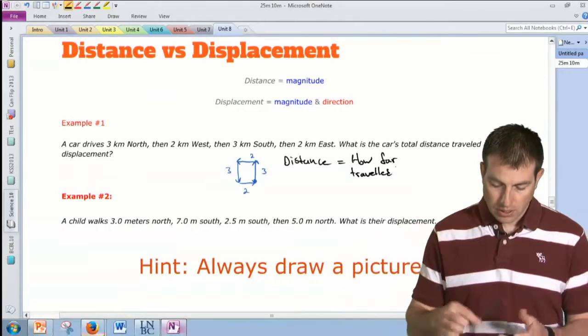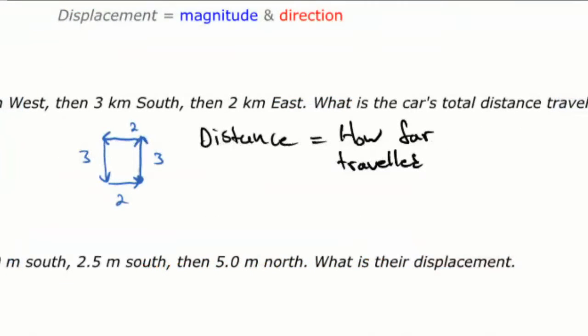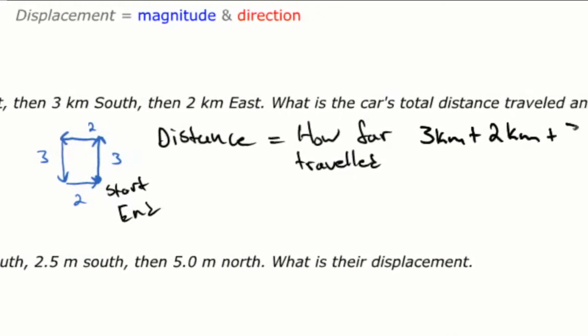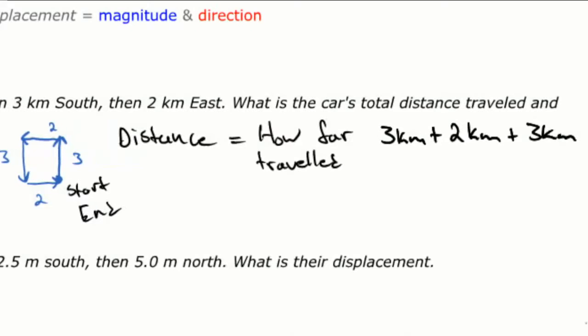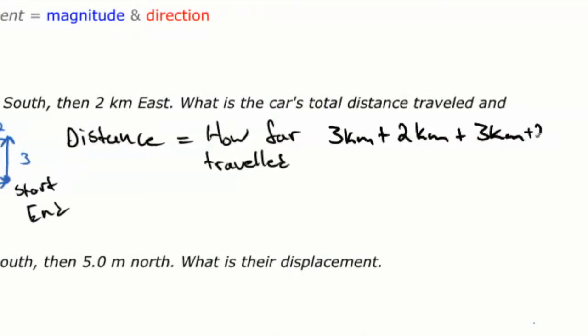So in this case, the total distance traveled was, I started and then I ended at the same spot, which was a little bit inconvenient, but we'll figure it out. So I went 3 kilometers, and then I went another 2 kilometers, and then another 3 kilometers, and then another 2 kilometers.